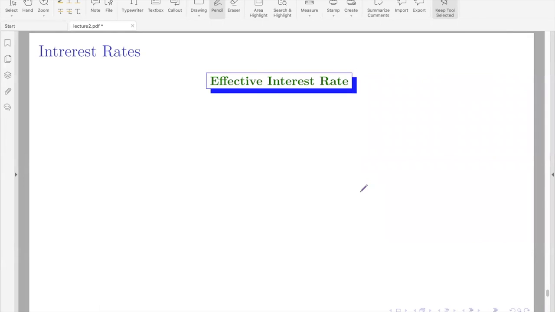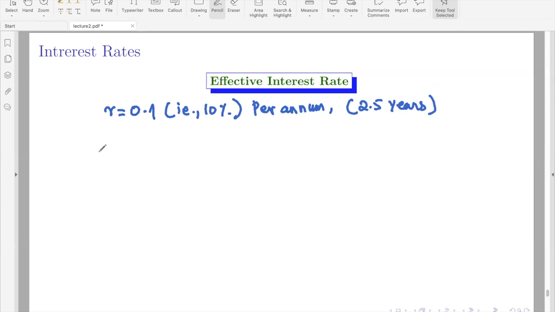In the case of compound interest, in the examples that we have discussed, we saw that although our interest rate was given as R is equal to 0.1, that is 10% per annum, for a period of 2.5 years, the final interest that we obtained in the compound interest was 28 for quarterly.